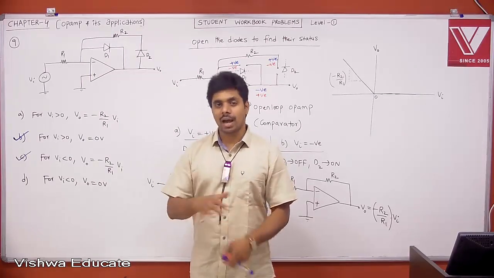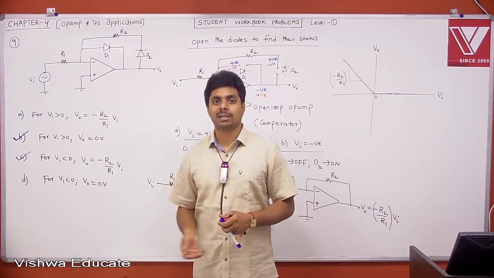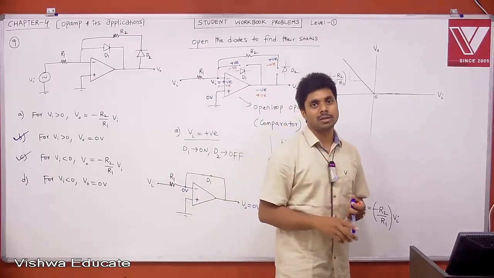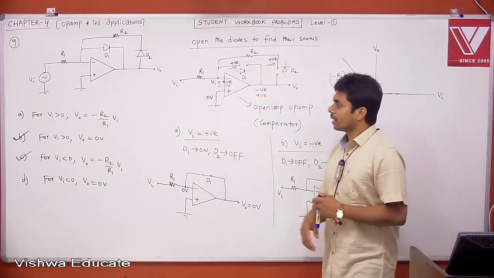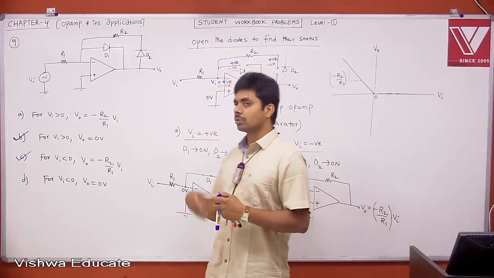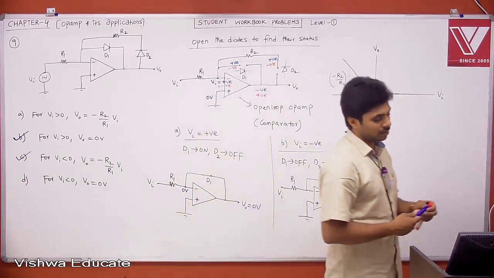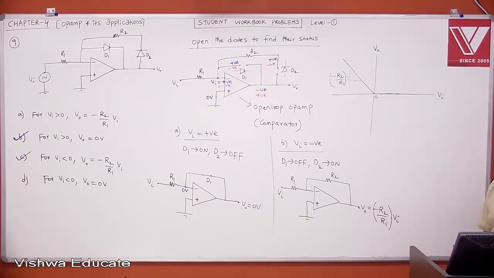But if you have multiple answers, then we need to solve the problem from different angles and all possible combinations. That is difficult. Nowadays only one option is true out of four options, but earlier you could have one, two, three, or all options true. We don't know, right? Problem is over. This is problem number 9.